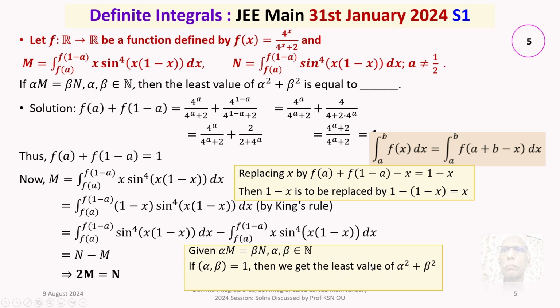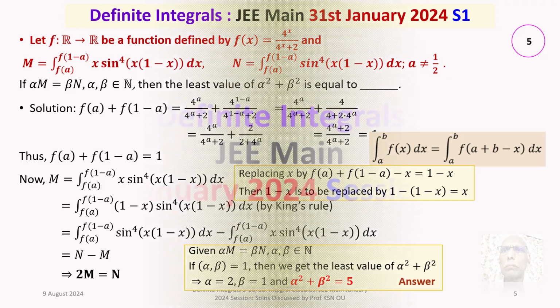Then we get the least value of alpha square plus beta square, and that is alpha is 2 and beta is 1. So the value of alpha square plus beta square is 2 square plus 1 square, that is equal to 5. So that is the detailed discussion of the solution of this problem, and the answer to this question is 5. Let's now move to the next question.